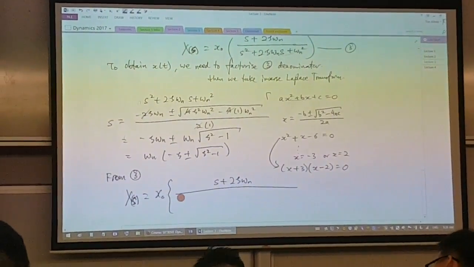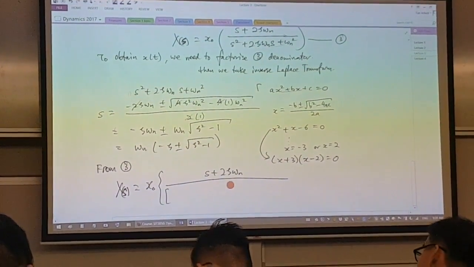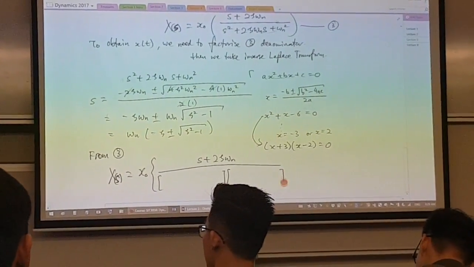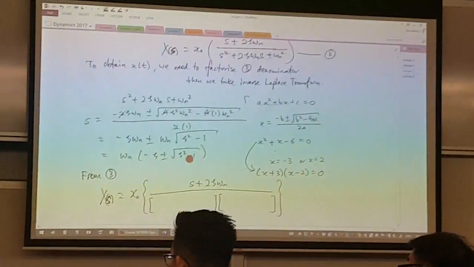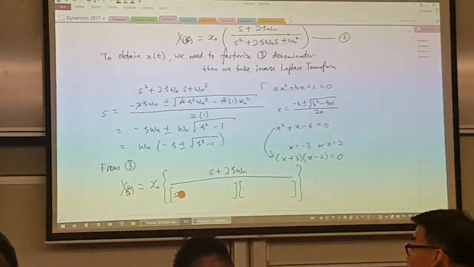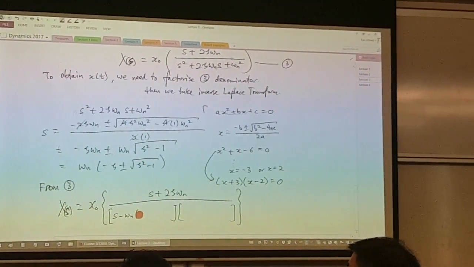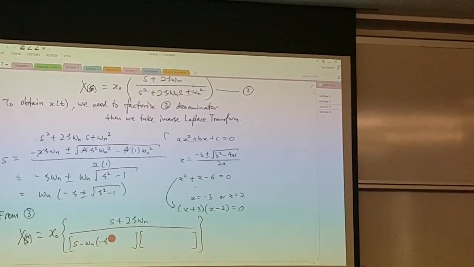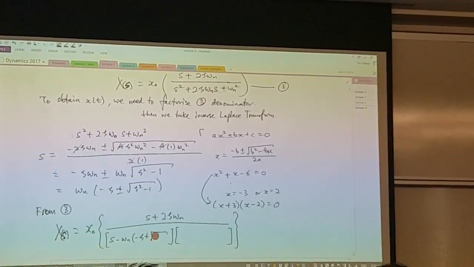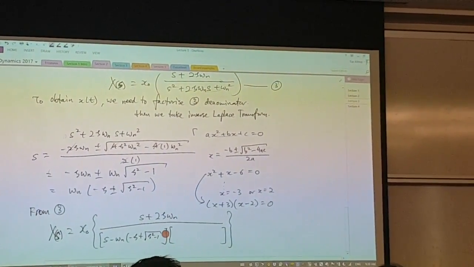In order to put it into 2 brackets that multiply each other, I'm going to make use of this term. So it's going to be s minus omega n minus zeta. And I'm going to use the first one first, that's plus square root zeta squared minus 1.